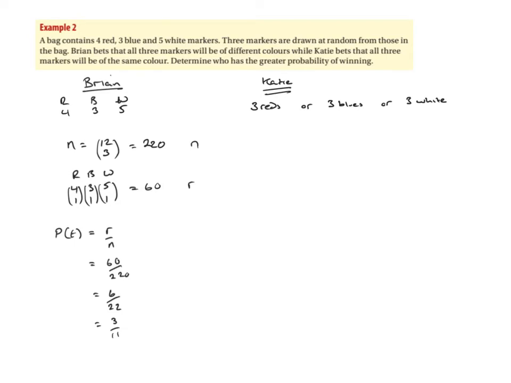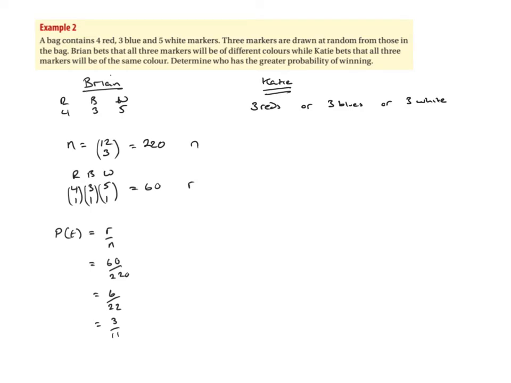Now, hopefully, you'll be quite happy that our n here has to be the same, because again, this is all coming from 12 choose 3. So all we're doing here is 3 different sums, and because we've got the or, and or in probability means add, we're going to work out these 3 things, add them together, and see is it bigger or smaller than this 3/11ths. Okay, so 3 reds.